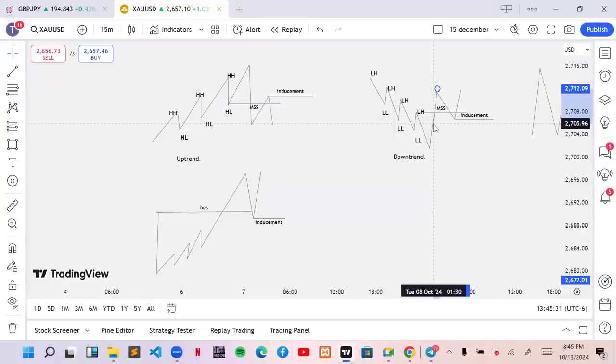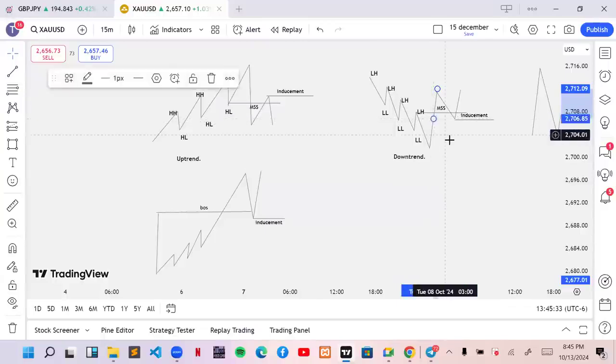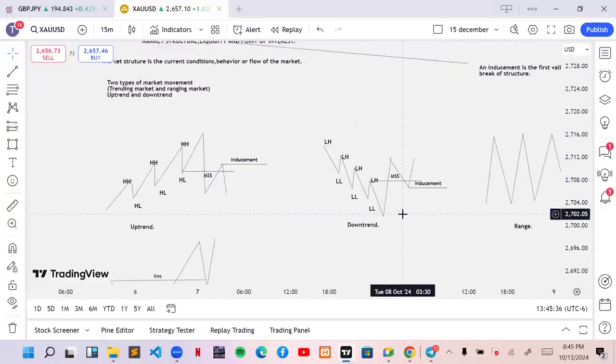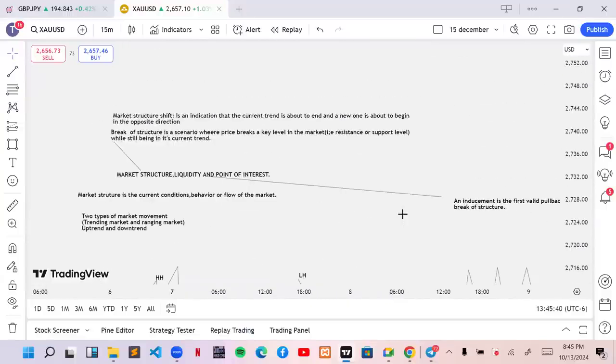Now it's time to go to the point of interest part of my strategy. There are 2 points of interest that I make use of: the order blocks and the breaker blocks. I'm just going to take the order block in this class. Then in the next class, I will take the breaker block. Most times you can see your market structure shift or your break of structure, you can see your liquidity and you can see your order block.